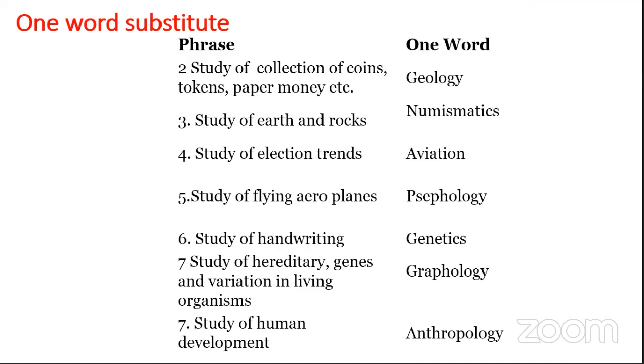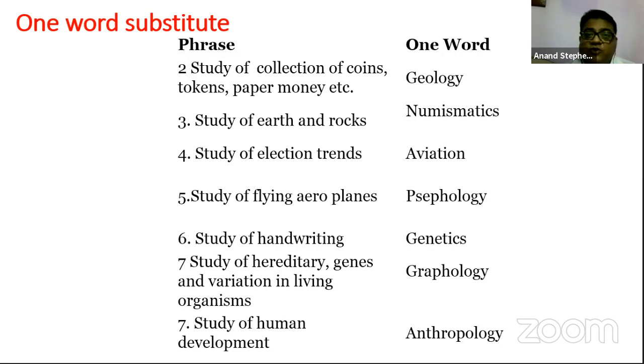Study of collection of coins, token, paper money: one option is numismatics, and fourth is study of election trends, cosmology. This is a new word for you, so remember it.